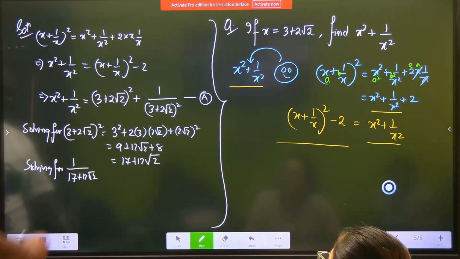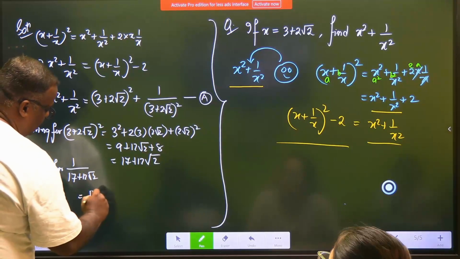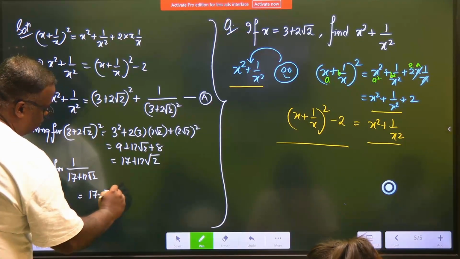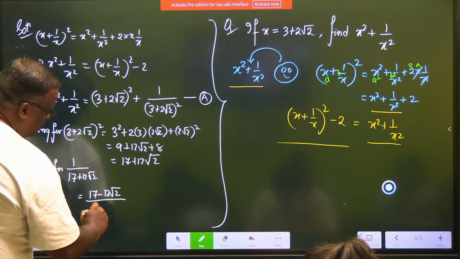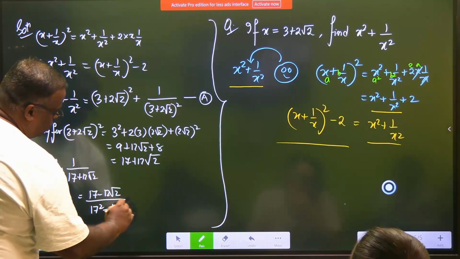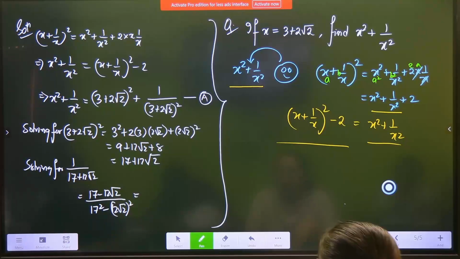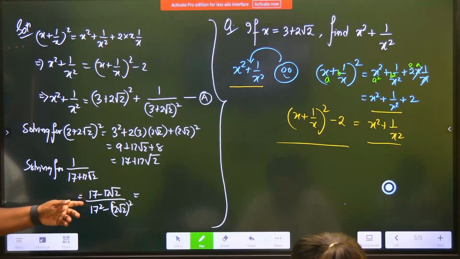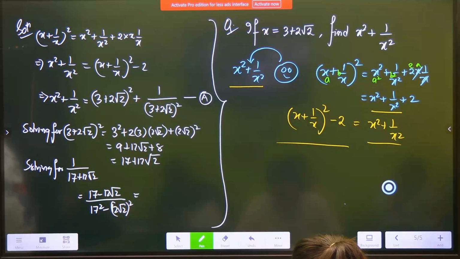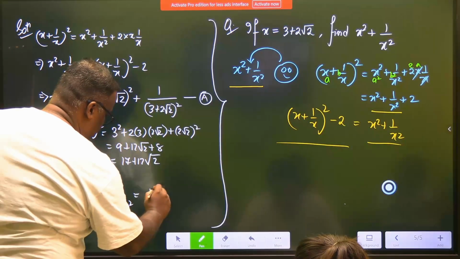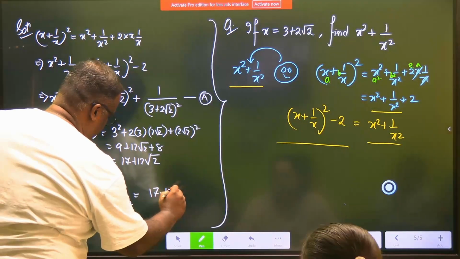So rationalize this. It becomes 17 minus 12 root 2 divided by 17 square minus 12 root 2 whole square. Did you understand this step? You have rationalized this denominator. So what is the numerator? The numerator is 17 minus 12 root 2.